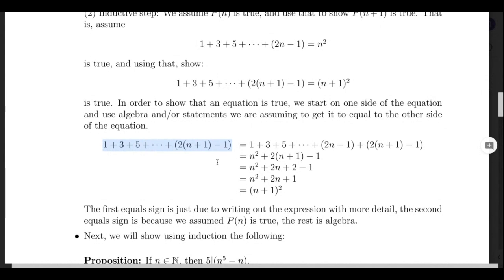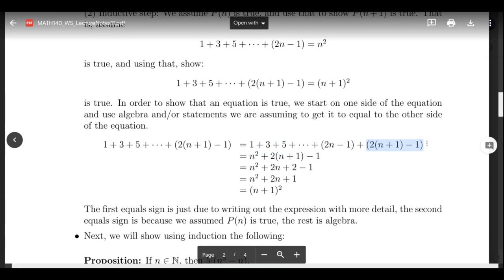The sum of n plus 1 odd natural numbers is the sum of the first n odd natural numbers, 1 plus 3 plus 5 up to plus 2n minus 1, and then we add one more, the n plus 1th odd natural number, which is 2 times n plus 1 minus 1.